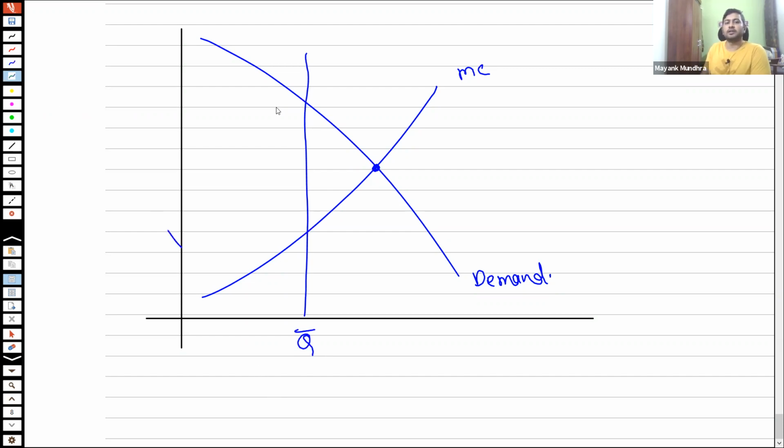Or suppose there's a price ceiling of P-max. At this P-max, the max quantity which gets supplied in the market is Q-max. Only this much quantity will get supplied.